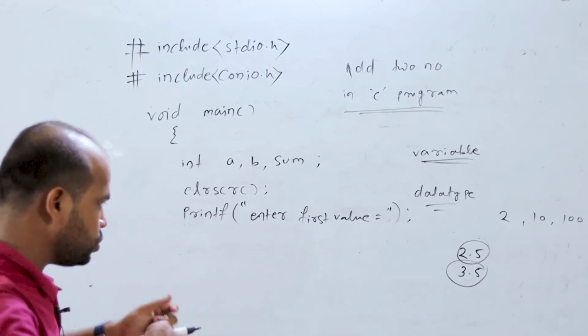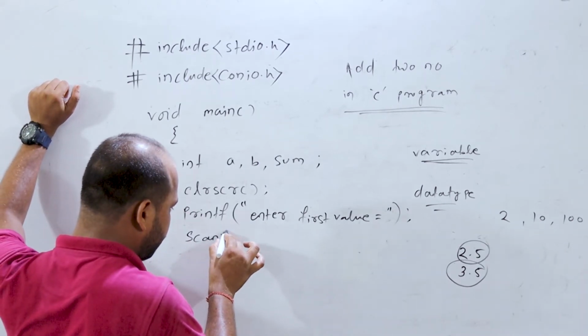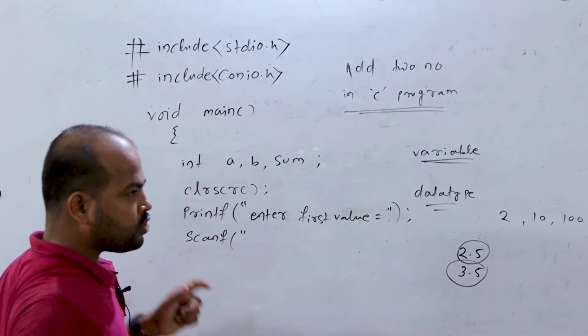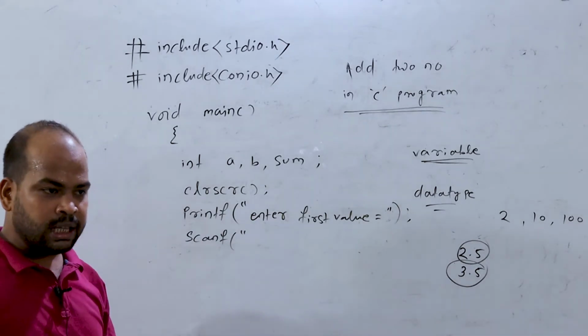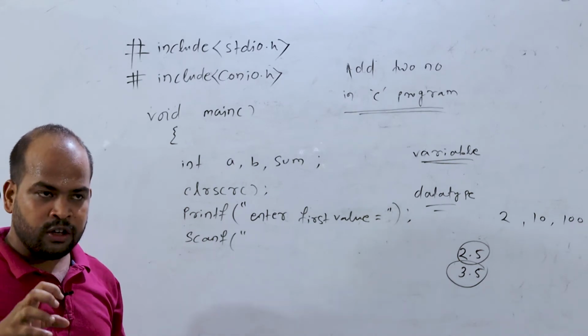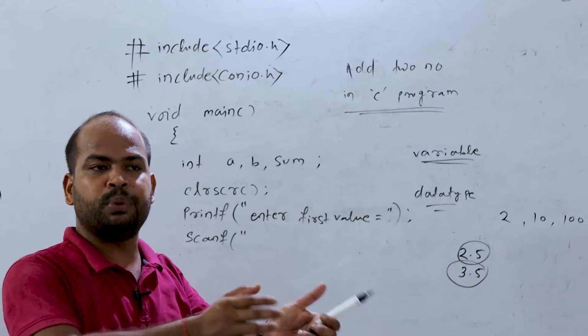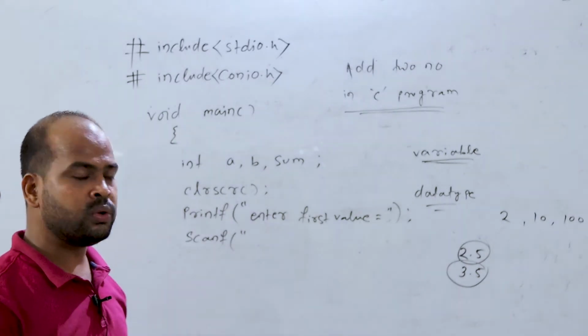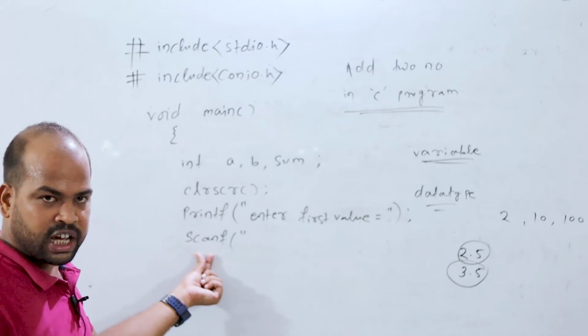Next, after that, the scanf function. The scanf function is used to insert a value from the keyboard. So if we want to insert a value from the keyboard into our computer, then we have to use the scanf function. What is the purpose of the scanf function?